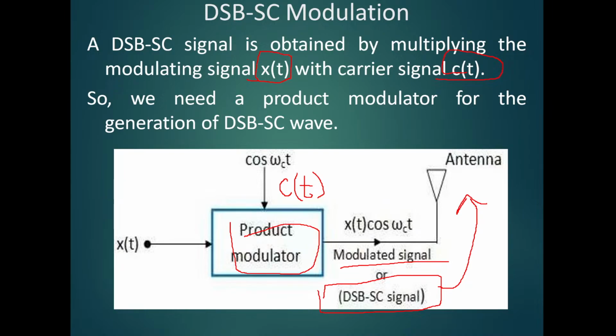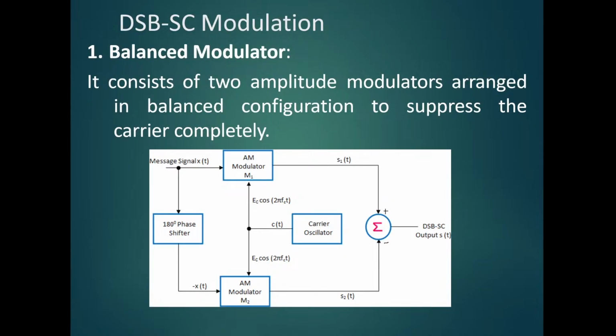Now there are different types. The very first one is the balanced modulator. In this case it consists of two amplitude modulators, AM1 and AM2, and one carrier oscillator.